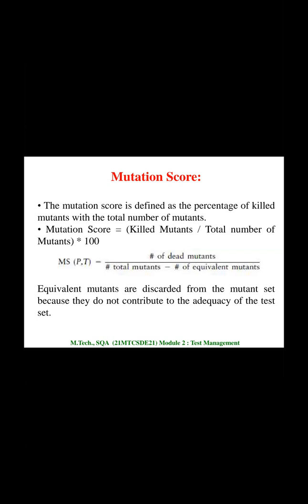And the number of equivalent mutant, the corresponding equivalent mutant will be taken. Equivalent mutants are discarded from the mutant set because they do not contribute to the adequacy of the test set. So the mutation score is equal to killed mutant divided by total number of mutant into 100.